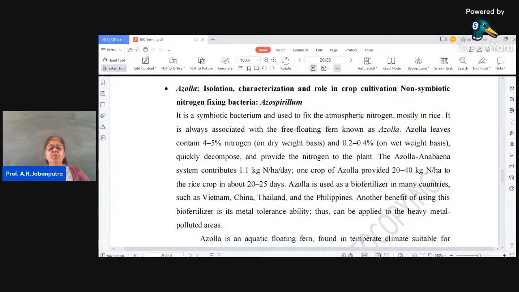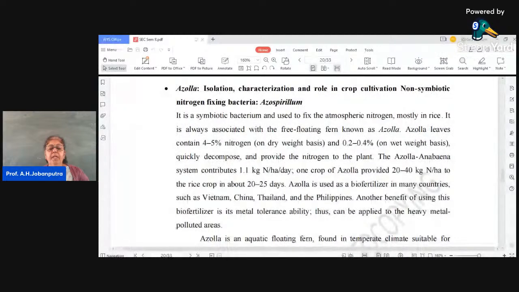In China, it is used. In Vietnam, it is used. In Thailand, Philippines. In these countries, it is most commonly used. Another benefit of this Azolla biofertilizer is that it has tolerance to metals.